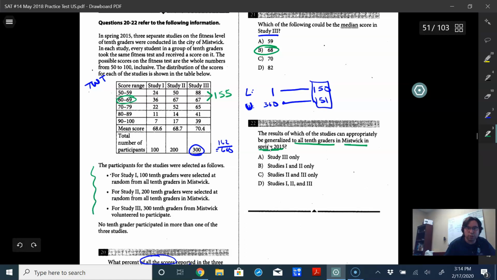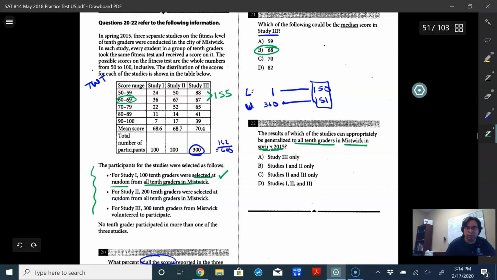Study 1 was 10th graders selected at random from all 10th graders in Mistwick. Since they were selected at random, all these results could be applied to all the students in the 10th grade from Mistwick. So that certainly seems like a very formidable choice, number 1.